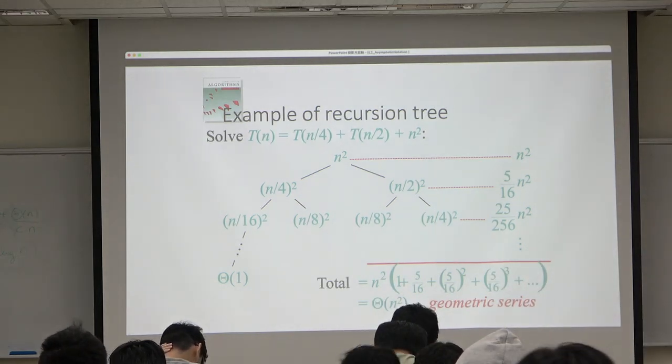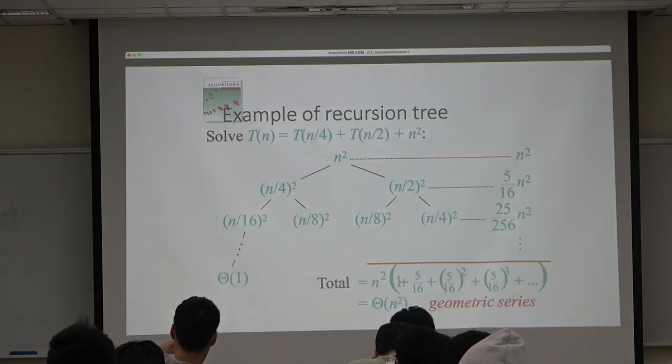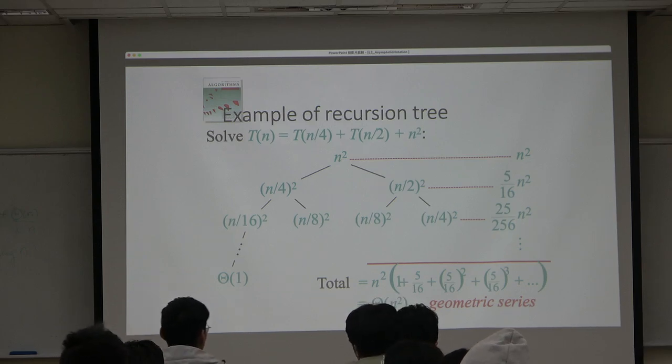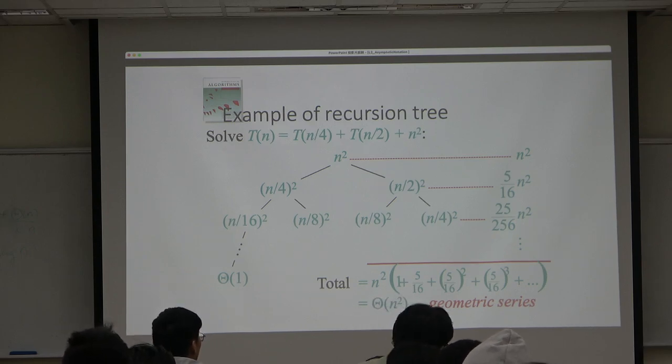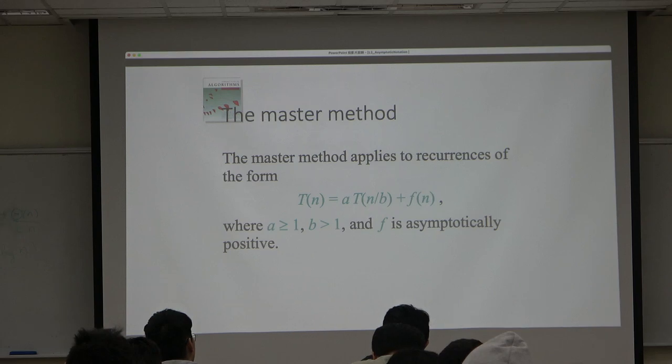So we talked about several substitution methods already. And I told you the recursion tree is good for intuition, but it's not a formal proof. And the last one is the master method.